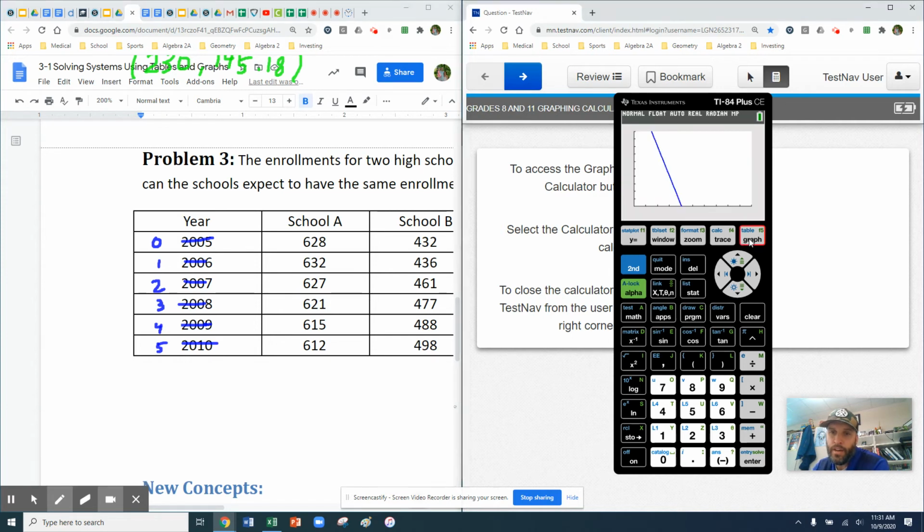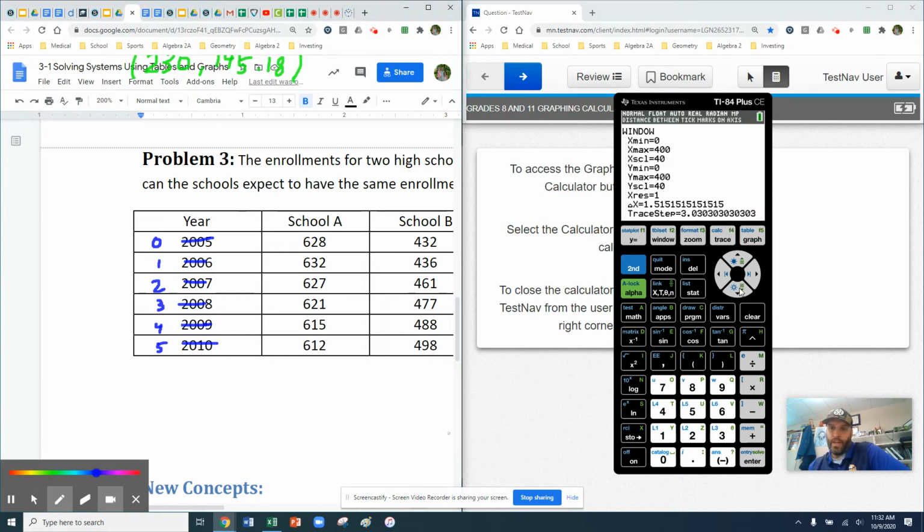Now, if you go to graph, you'll see some of it, but where is our other school? Well, remember our graph is 0 to 400, so our y-intercept of this was in the 600s, and the y-intercept of this is in the 400s, so we are unable to see it. So we are again going to adjust our window. My X window was looking pretty good.